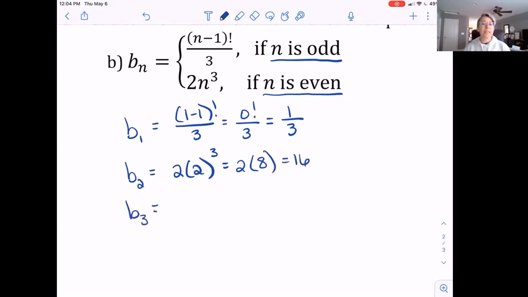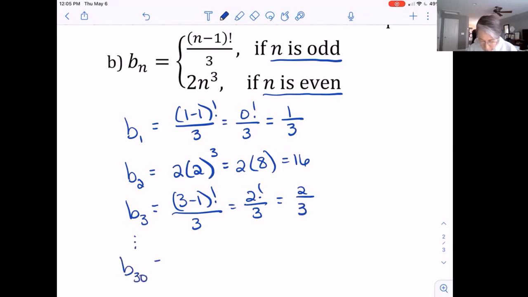B sub 3 is an odd term, so we're going to use the top one. This time plugging in 3, so 3 minus 1 quantity factorial divided by 3. We get 2 factorial divided by 3. 2 times 1 is 2. So we get a 2/3. We can also jump down to the 30th term.